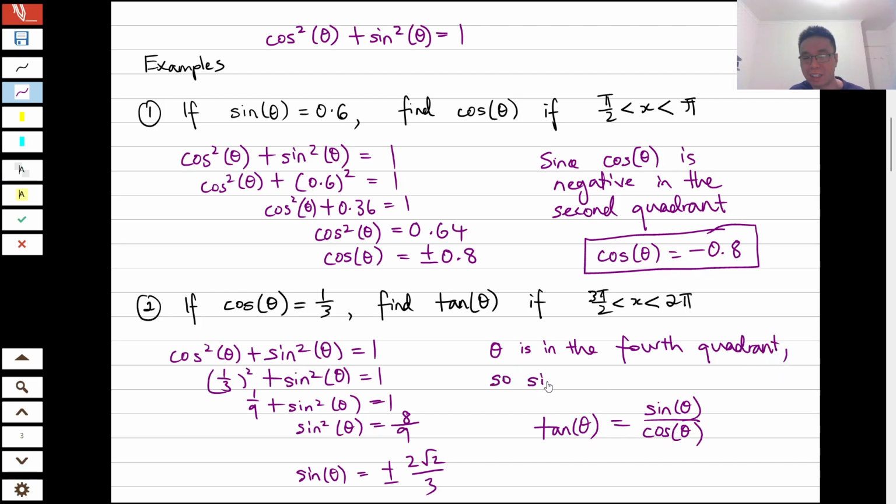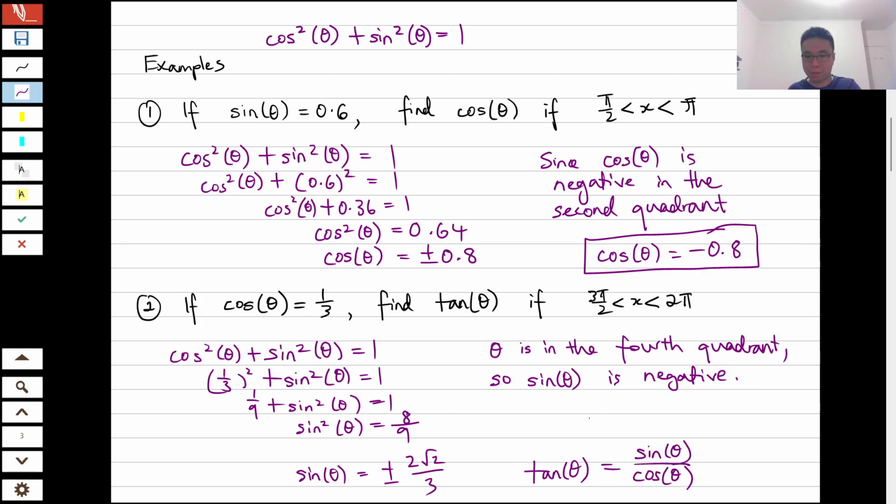Therefore, sine theta is negative, which means sine theta is negative 2√2 on 3, and that means tan theta is negative 2√2 on 3 divided by 1 on 3, and that gives me negative 2√2.